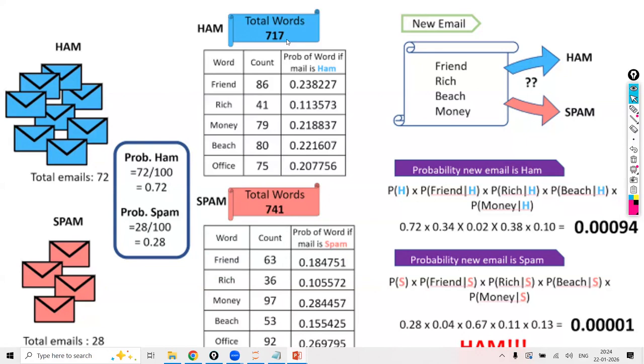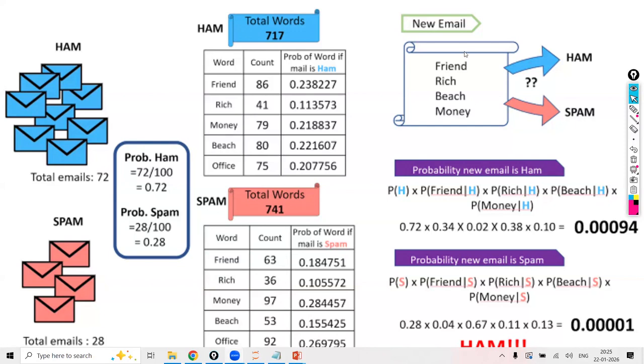First it will identify the votes, and for each and every word, it will calculate the count. For example, the count of friend is 86, rich is 41, money is 79, beach is 80, office is 75, within the ham. And it will calculate the probability of each word. Similarly, for the spam, what is the probability of each word?